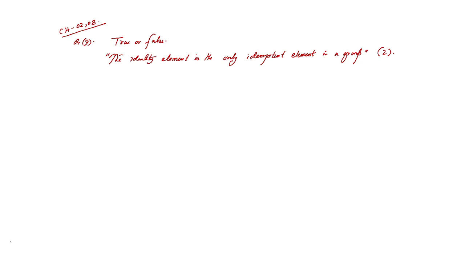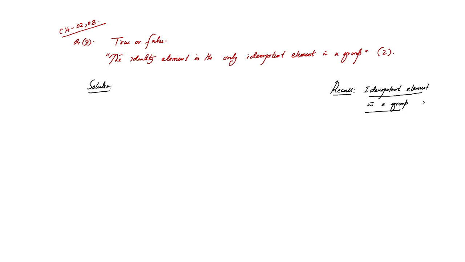So now we need to know the definition of an idempotent element in a group, and then we will solve the problem. Okay, so we'll come to the solution. Before the solution, we will recall some basic facts. The fact is: idempotent element in a group. Not saying identity.